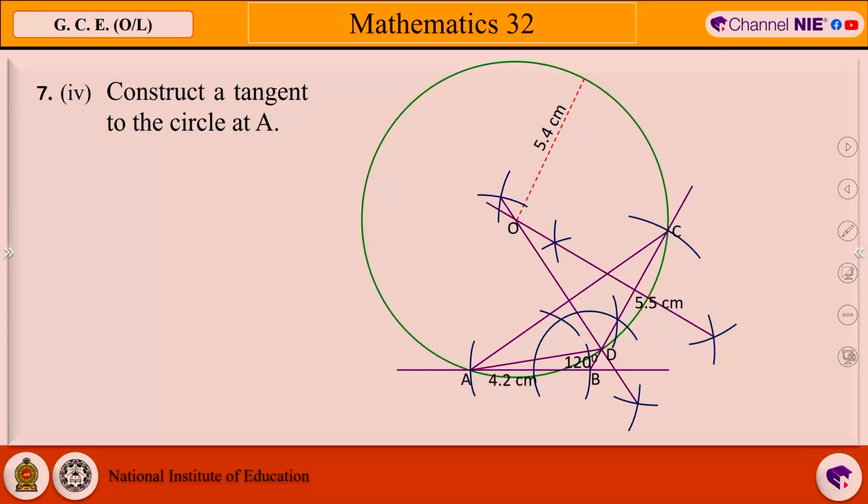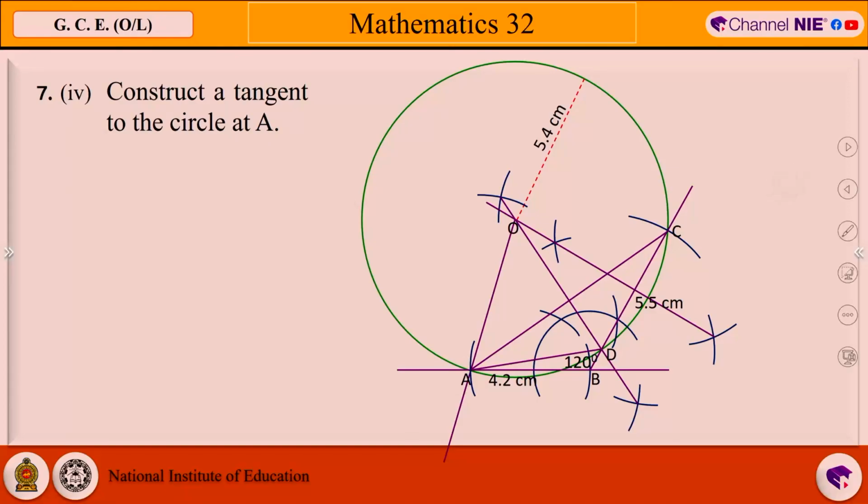Now, we are in the fourth part of the seventh question. Here you have to construct a tangent to the circle at A. How do you construct a tangent at a point on a circle? We have to use that concept. First we have to draw the line OA, which is the radius of the circle, and produce it further.